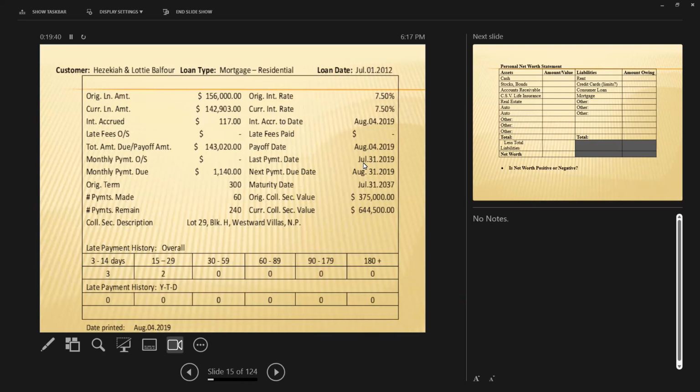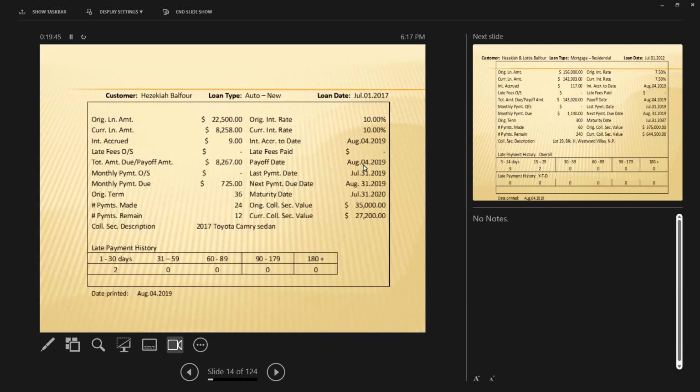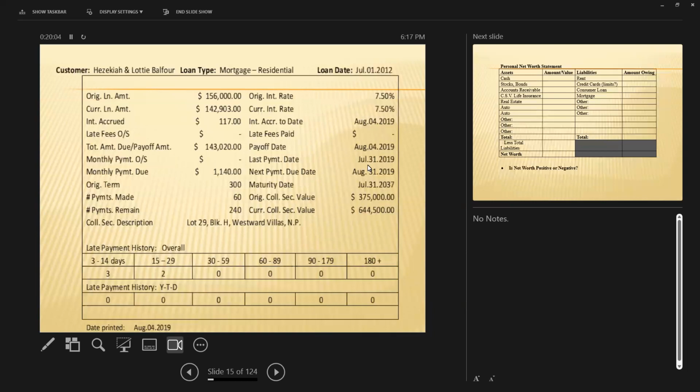Well, actually, let's go back, just by way of information and review, to the late payment history. We see that they have a good payment history. There's only been twice late in the 1 to 30 day category, so it never went two payments past due.